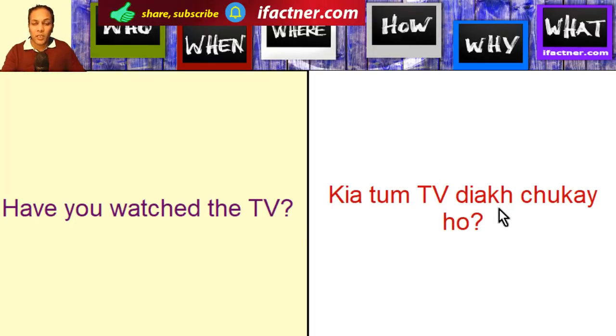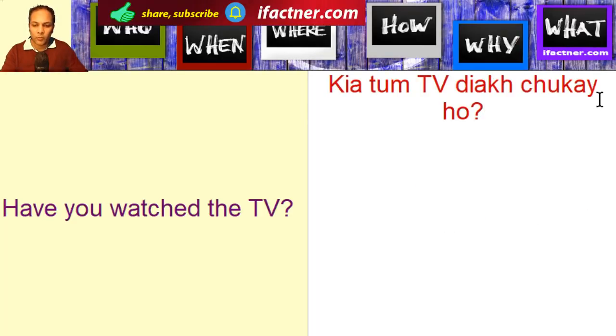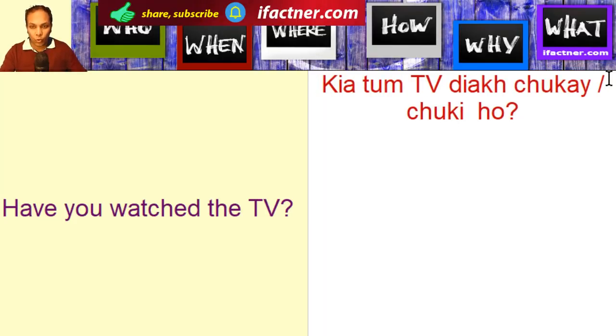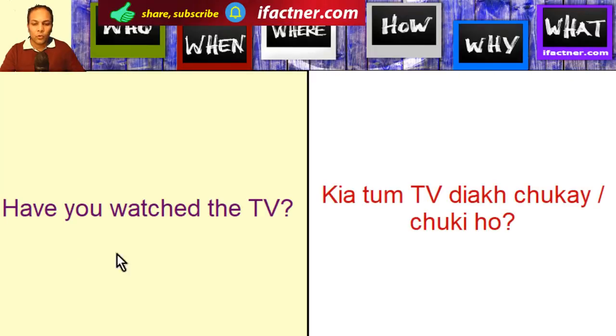TV is TV. देखना is to see, to watch. देख चुके, watched. क्या तुम टीवी देख चुके हो is a male version, and क्या तुम टीवी देख चुकी हो is a female version. So you would have noticed that usually we use E for male and I for female. For example, chuke for male, chuki for female.